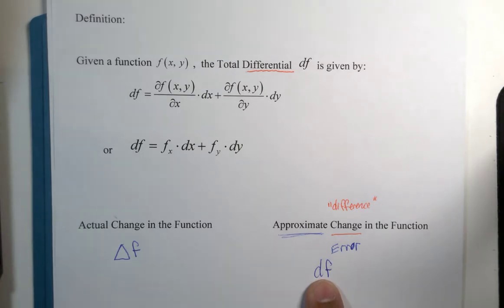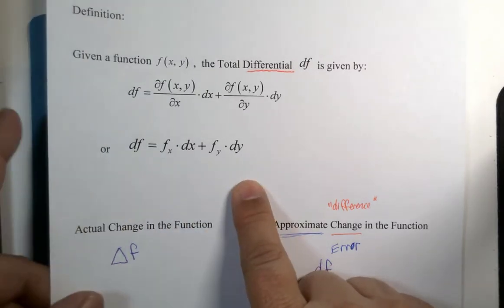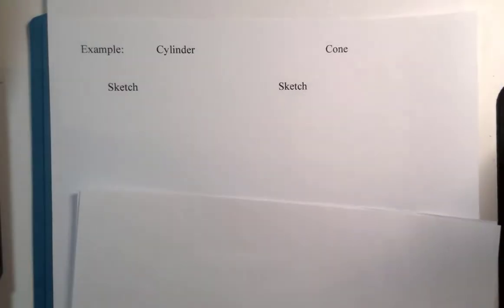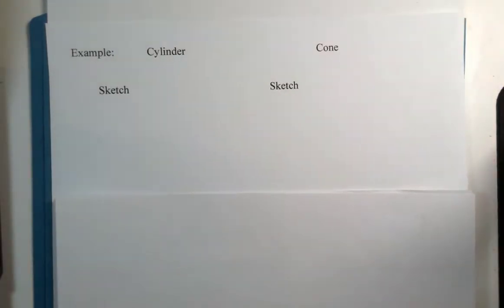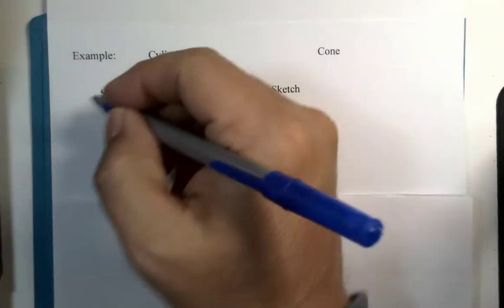So let's look at an example of this total differential. All right, so we're going to hit some familiar shapes here: cylinder and cone.